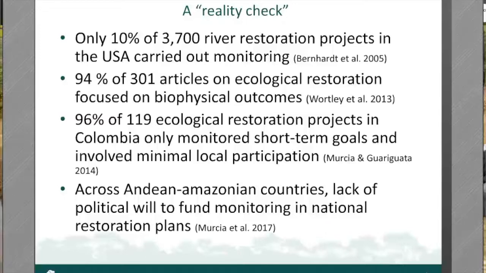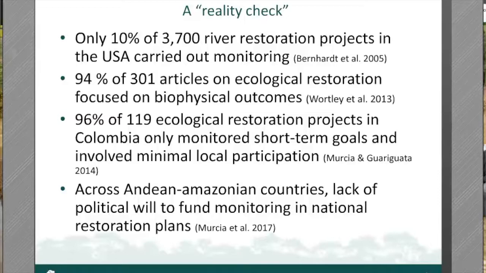The first bullet comes from a study done in the US a little bit over a decade ago, and it showed that out of 3,700 river restoration projects in the USA, only 10% carried out monitoring, which is quite a low figure in a country with a lot of financial resources and with a long culture of ecological restoration.